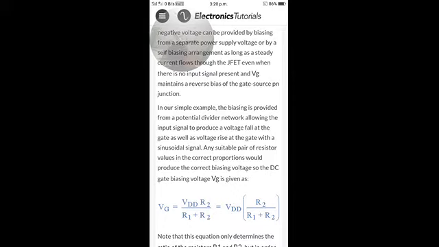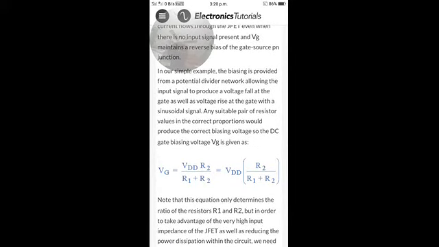Vg is the gate voltage, the voltage across R2. Using a potential divider circuit, we can get the expression for Vg. Vg is equal to VDD into R2 by R1 plus R2.